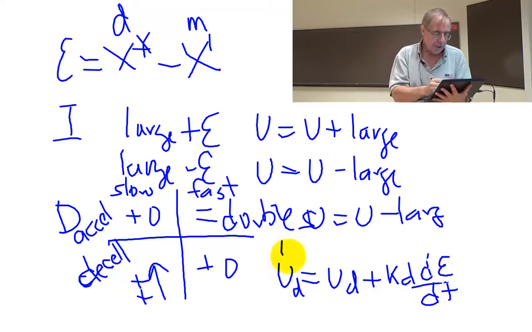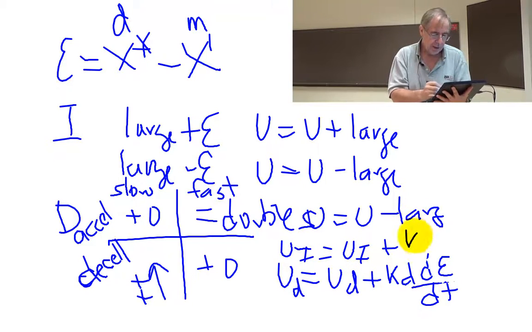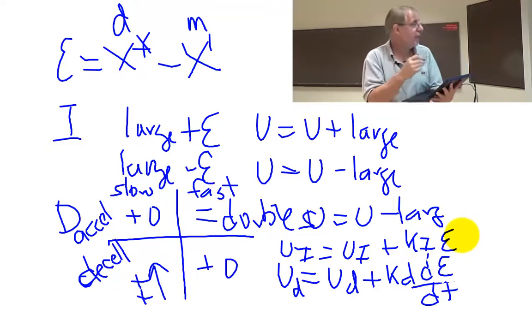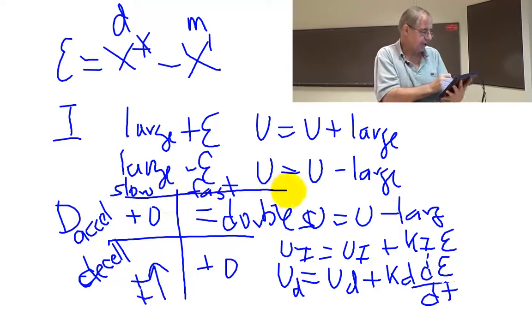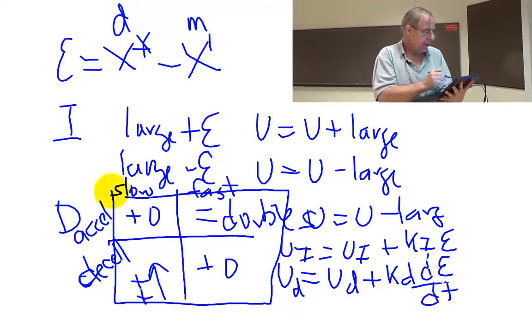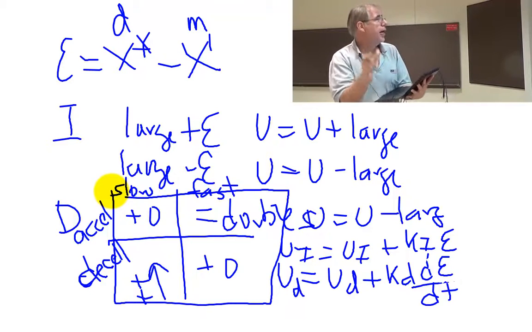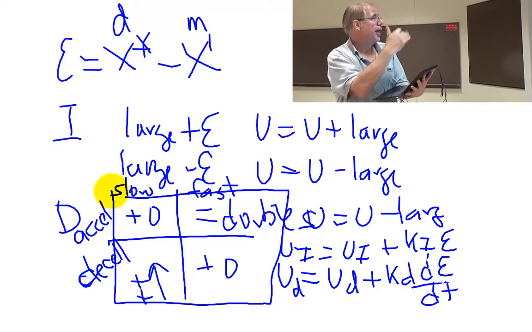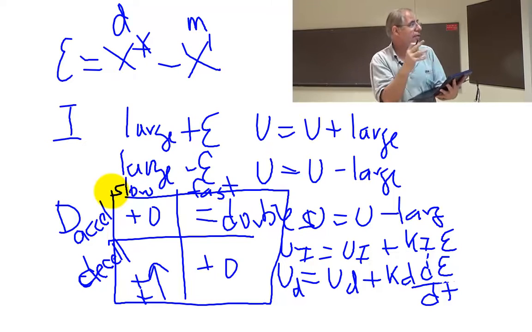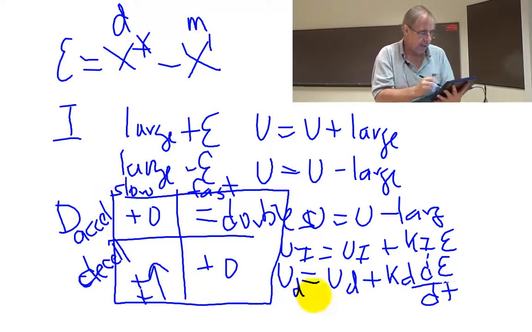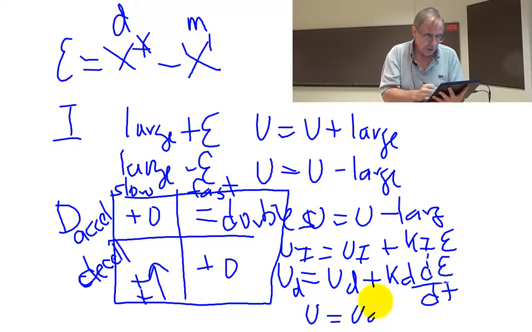And it's a combination of UI equals UI plus a constant I times the error. So this sort of table here, where I'm going to compare both the error and the acceleration and combine them both into a single U equals UD plus UI.